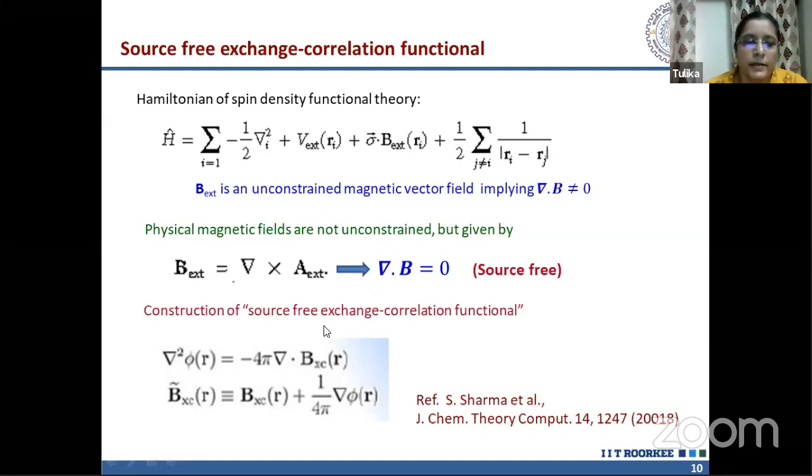So recently in the source-free exchange correlation functional, by solving this Poisson equation, they constructed this new exchange correlation magnetic field by this equation, which actually then becomes source free. So this B_XC tilde is source free.